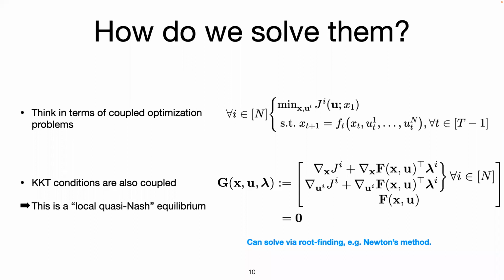You'll find something called a quasi-Nash. That's basically the equivalent of a saddle point, a critical point for optimization. Here it's just saying every player is at a first order optimal point, but they may be at a max, they may be at a saddle, who knows. So you need to check second order conditions.